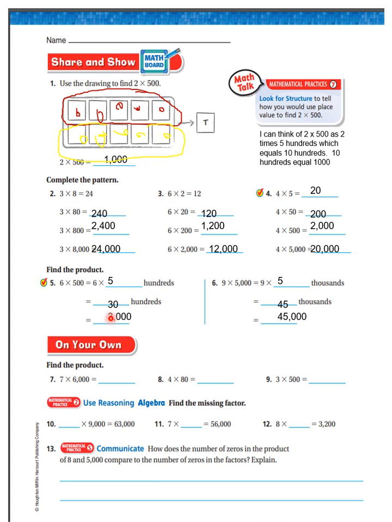And 30 hundreds equals 3,000. 9 times 5,000 equals 9 times 5 thousands. 9 times 5 thousands equals 45 thousands, which equals 45,000.